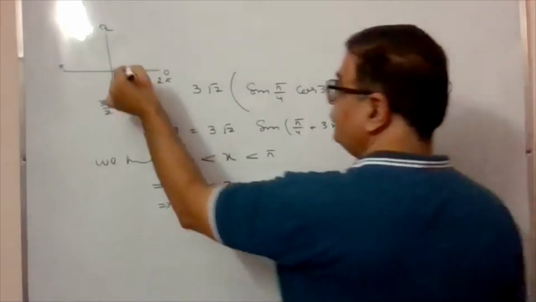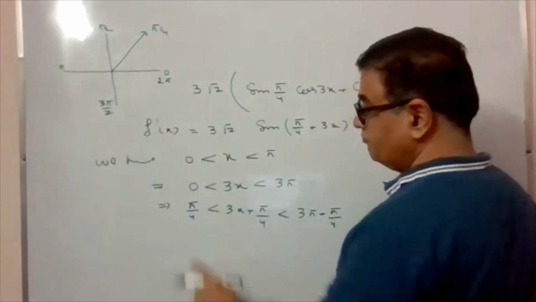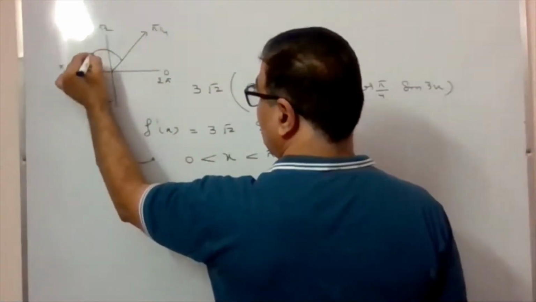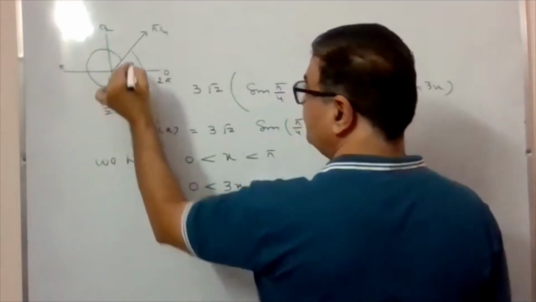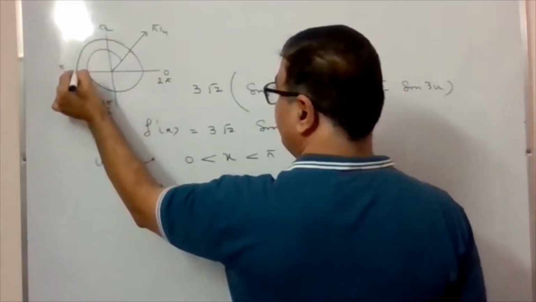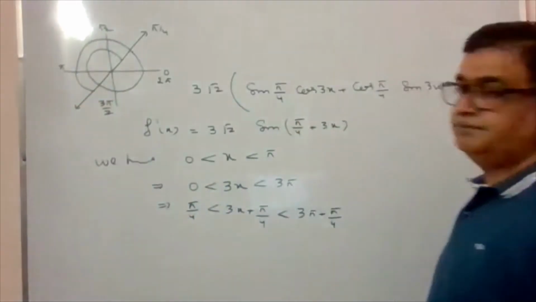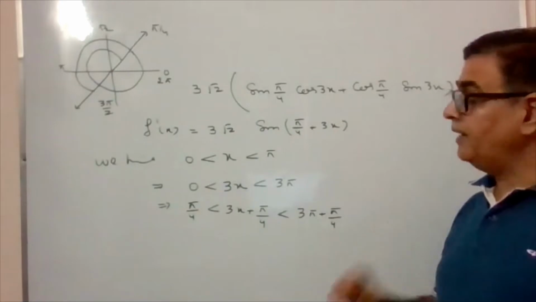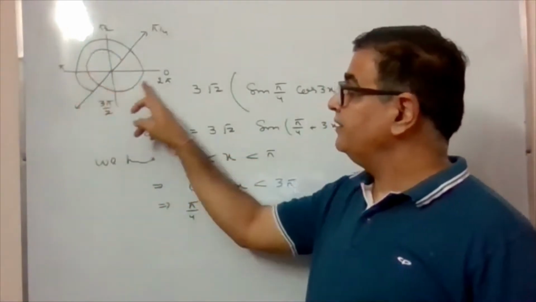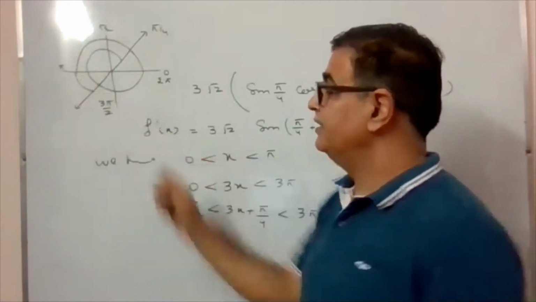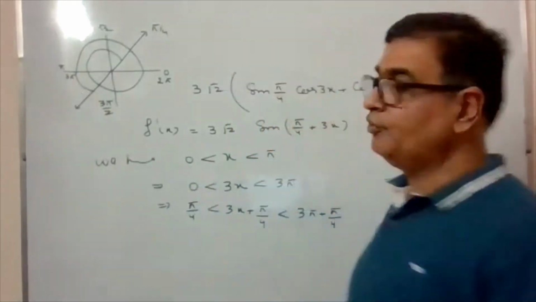It will start from pi by 4 to pi, then pi to 2 pi, then 2 pi to 3 pi, and then 3 pi to 3 pi plus pi by 4.